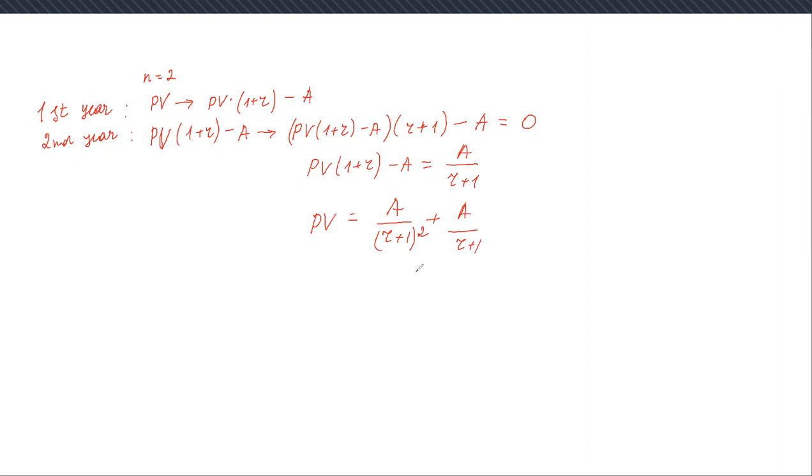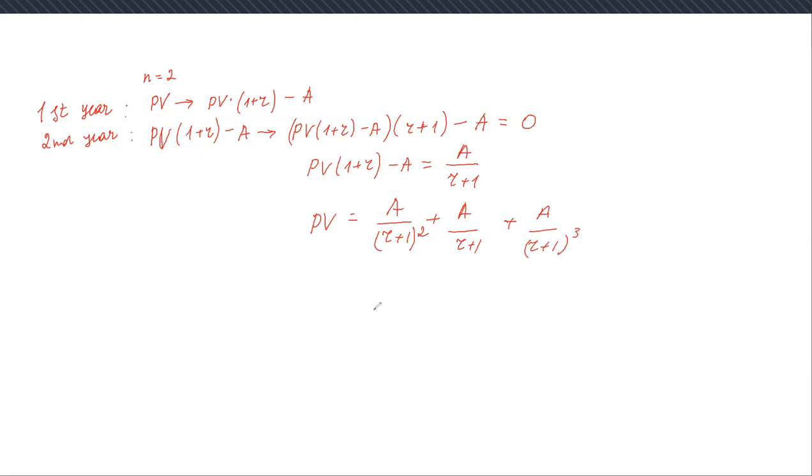And it is only for 2 years, annuity for 2 years. But if I ask you to write the annuity for 3 years, what do you think? It will be in such a way. Yes, you are right, and so on.